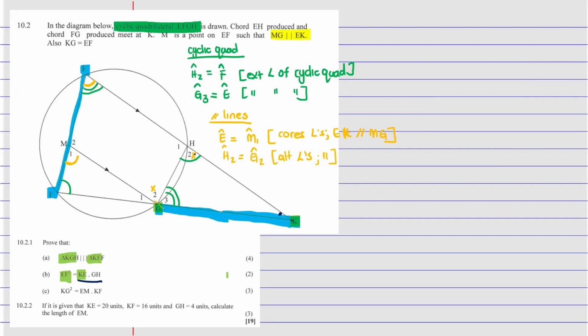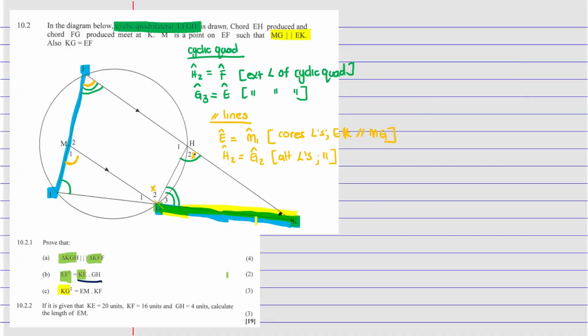So in our case, let's see what they want. They're talking about KG. Where's KG? KG is this one, right? So we have KG squared. Meaning if it's KG squared, by default, EF is going to be related there. Does that make sense?